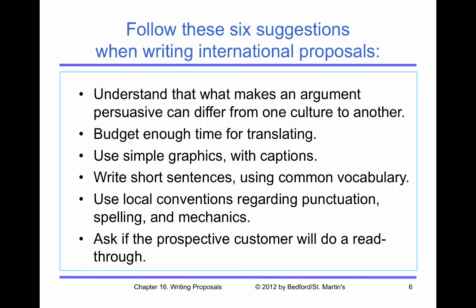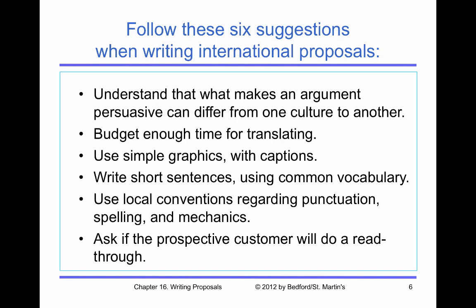Okay, so our text always tries to make some allowances, to address intercultural, multicultural, international audiences. So here are some things that you can do along those lines. What makes an argument persuasive can differ from one culture to another.